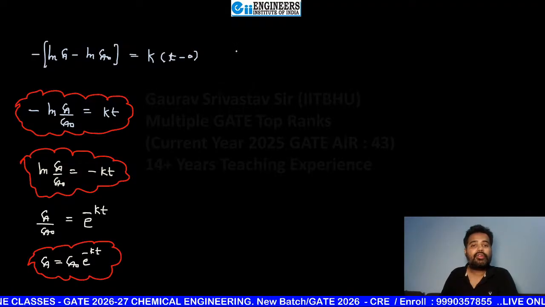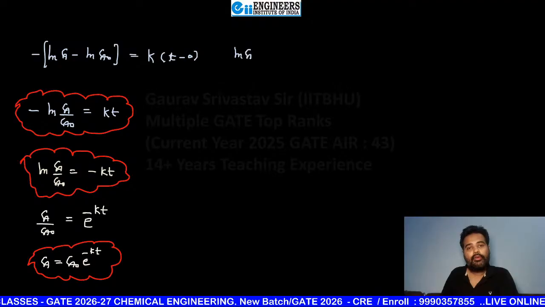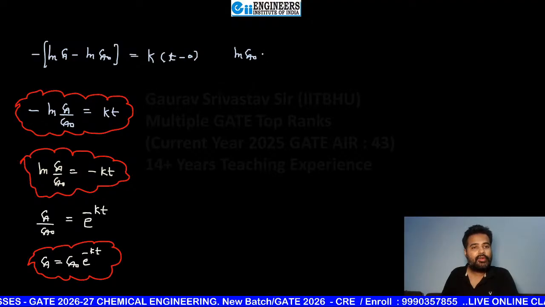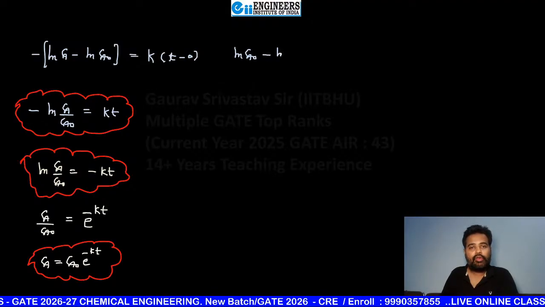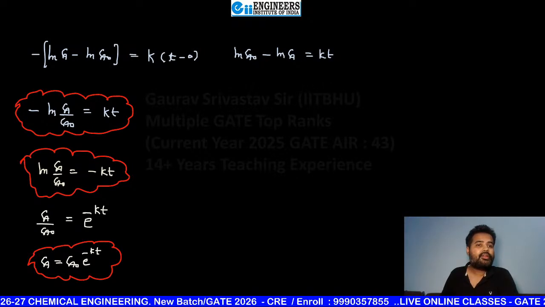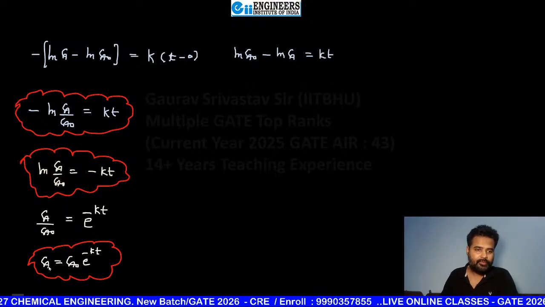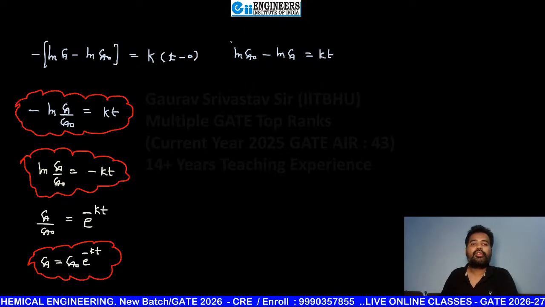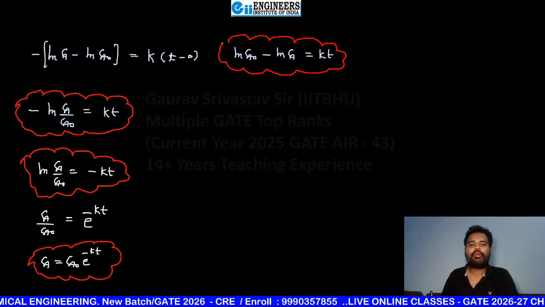That is ln of Ca naught minus ln of Ca is equal to kt. So please draw these 4 graphs for me beta.